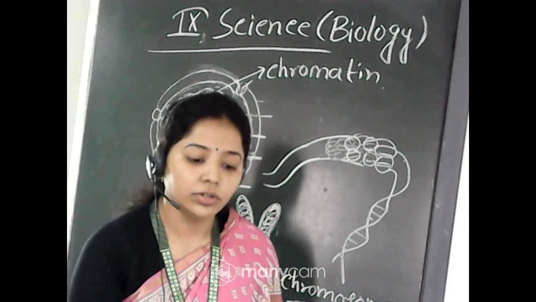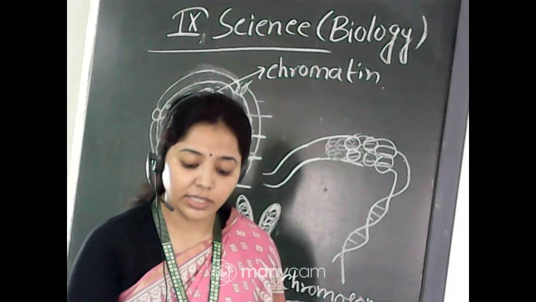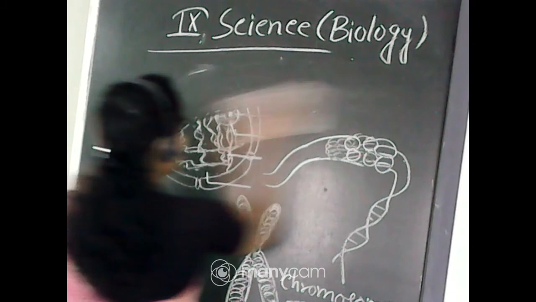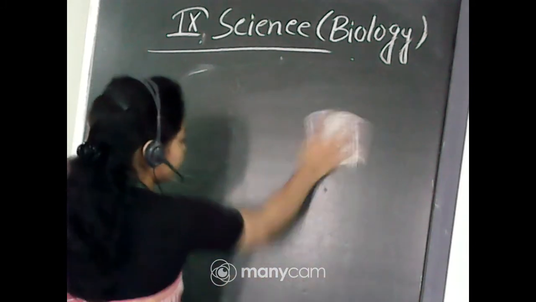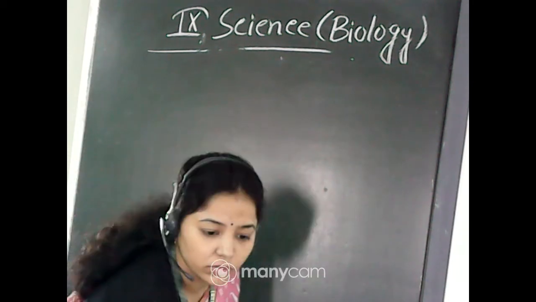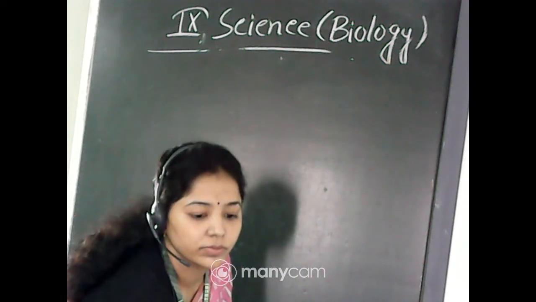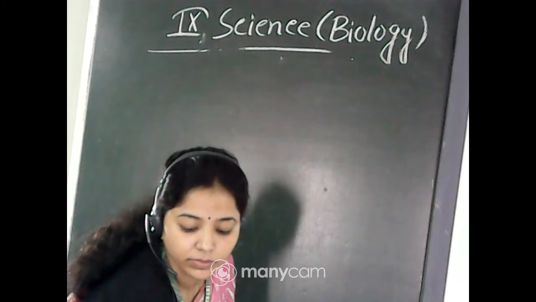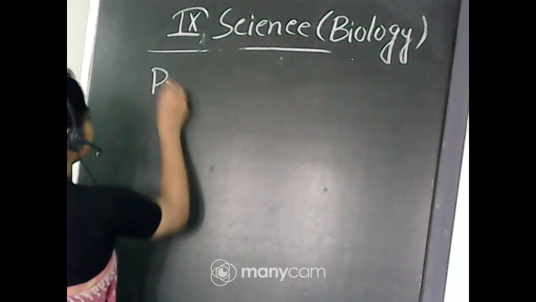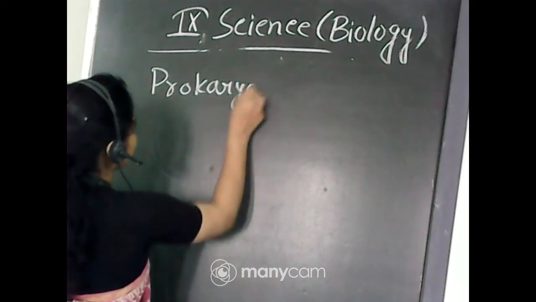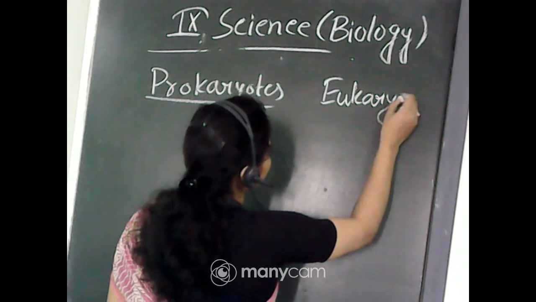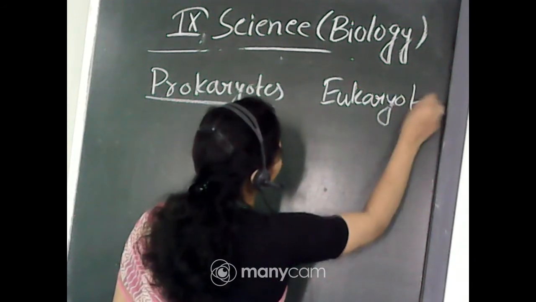Now I am going to define the difference between prokaryotes and eukaryotes. Try to write the points. The size of prokaryotes and eukaryotes is already given in your book, so note it from your book.